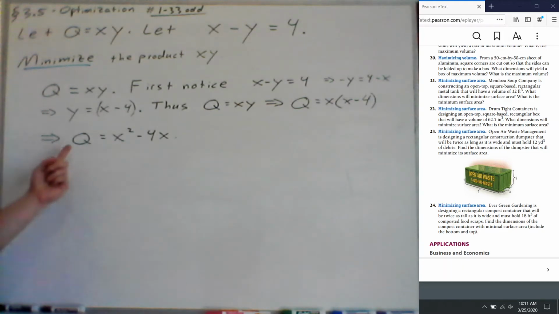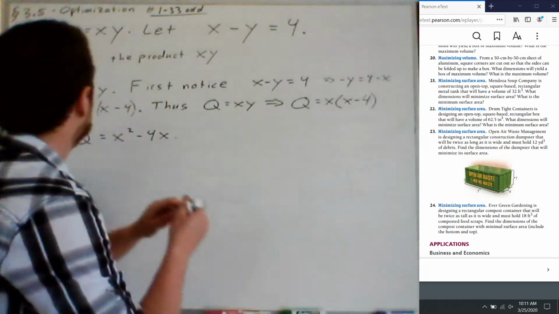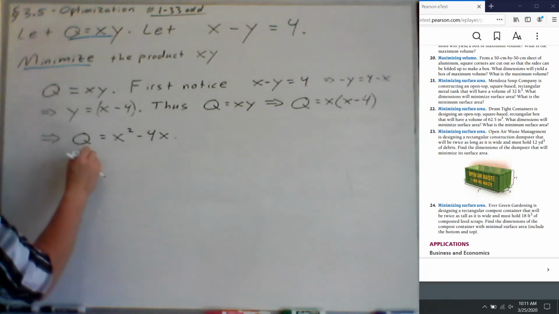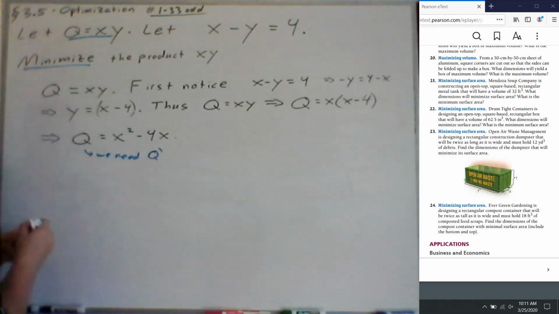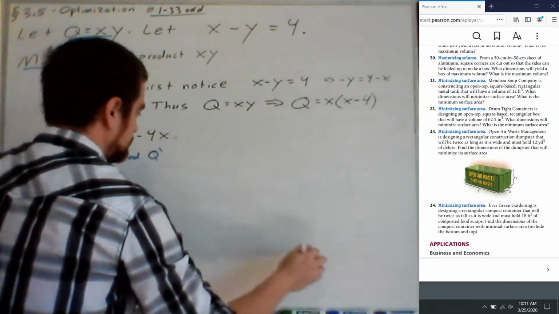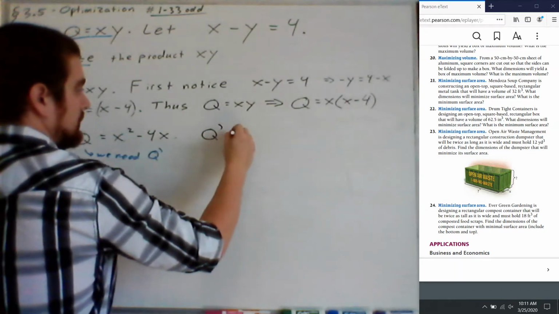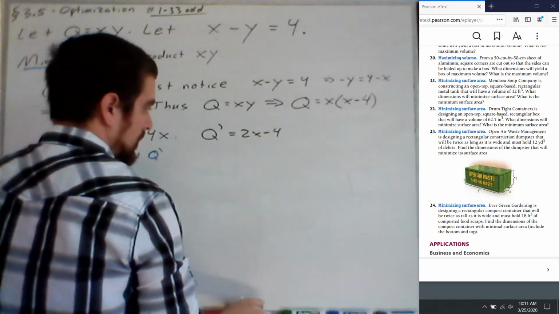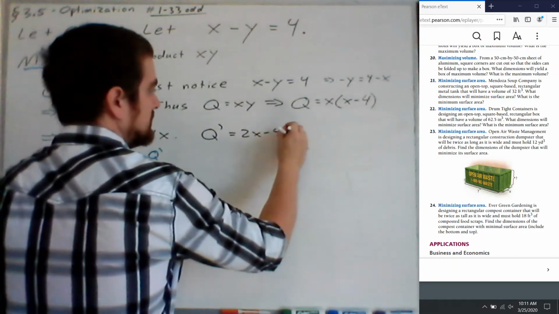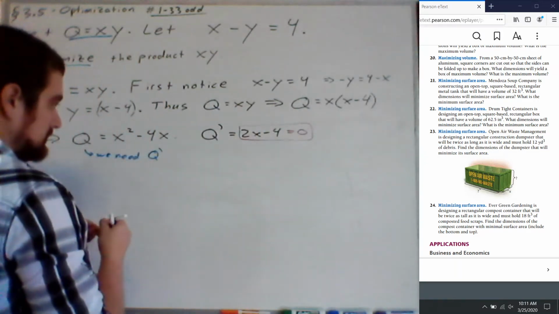So now we've got a function of x. We want to minimize q. So at this point we need q prime. Q prime is equal to 2x minus 4. What do I want to do with q prime? I want to set it equal to 0 so that I can find my critical values.